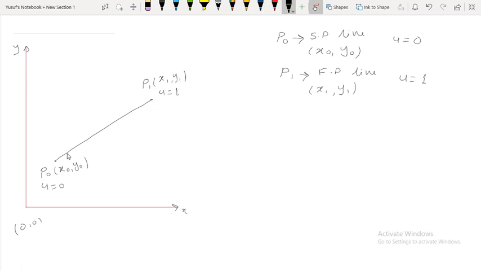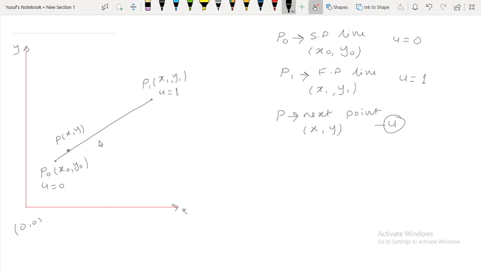Now you're supposed to calculate the next point, the next pixel. Suppose the next pixel is here, its name is p, with components x and y. p is the next point of the line, it has an x component and a y component. So here, by using some parameter, you have to calculate the next point.